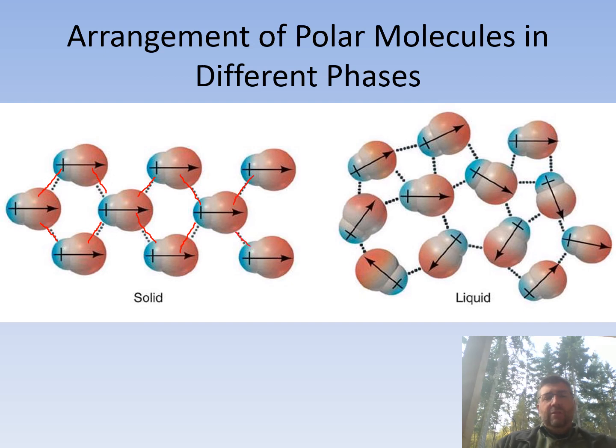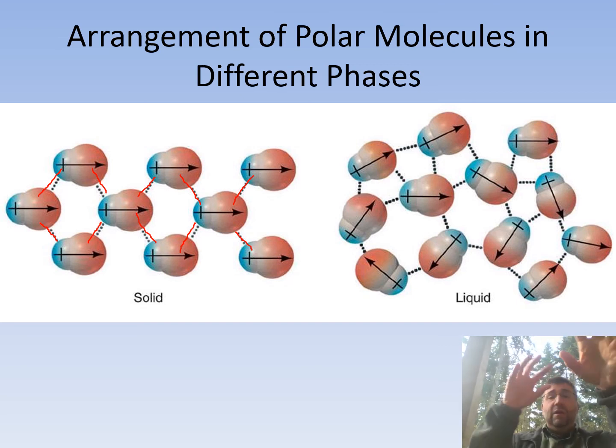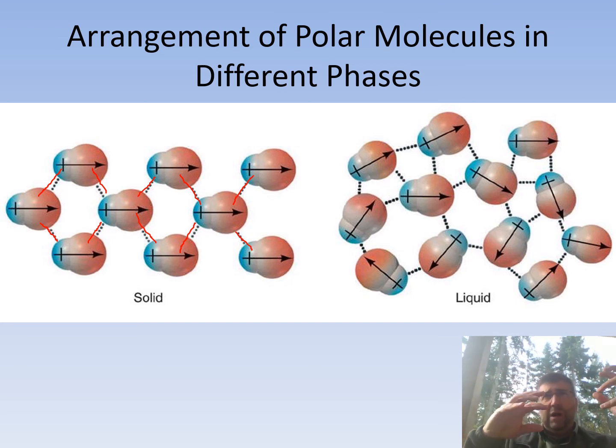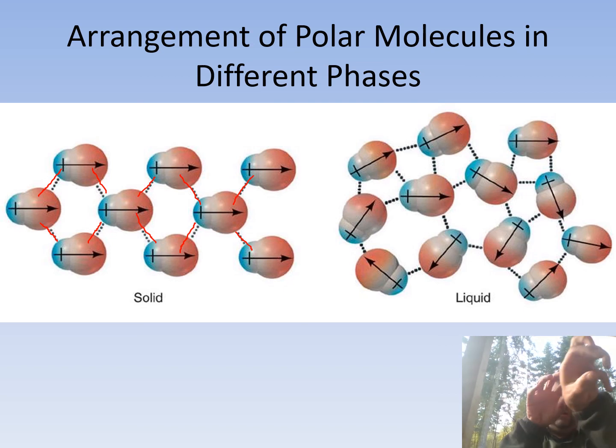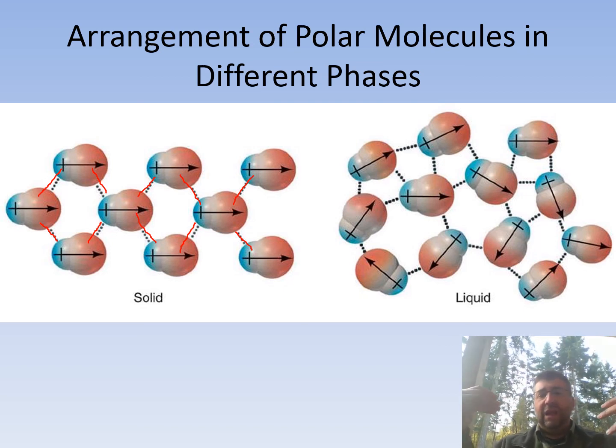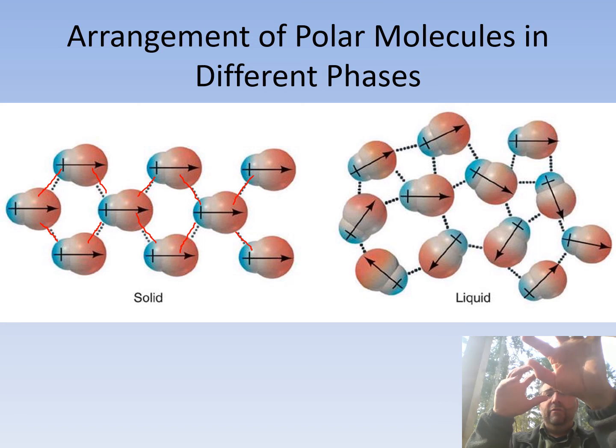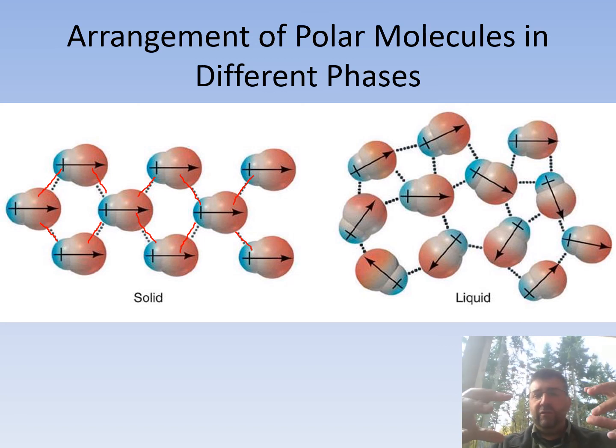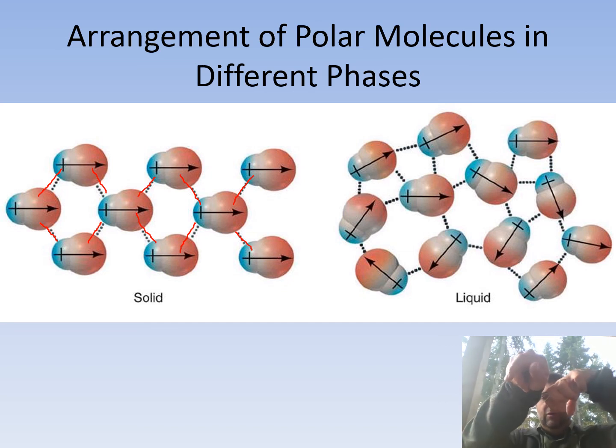Even in the liquid, they form what's known as a liquid crystal. The water molecules, or whatever the polar molecule is, are liquid, so they're free to move around, but they're constantly shifting their position, trying to line up their positive and negative ends. And if one moves, it's going to force the other to try to move too, to adjust to that. If they get into a repulsive position, one's going to rotate.